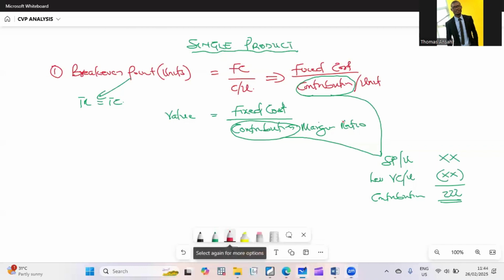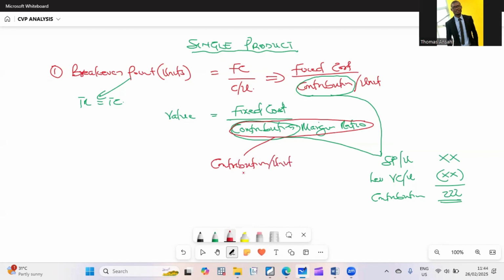Therefore, the contribution margin ratio will be your contribution per unit, which you've seen how to obtain, divided by the selling price per unit.